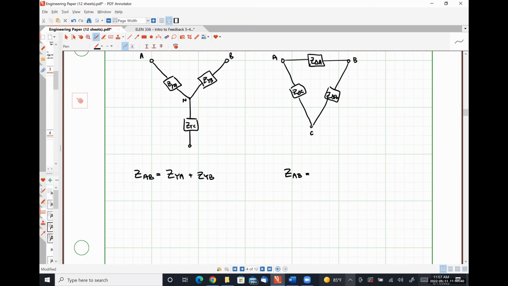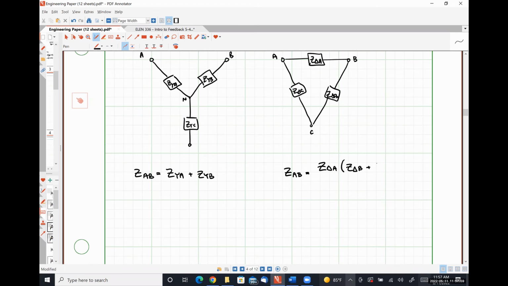So it should be Z delta A in parallel with the series combination of Z delta B and Z delta C. Or Z delta A times the quantity Z delta B plus Z delta C, over Z delta A plus Z delta B plus Z delta C.